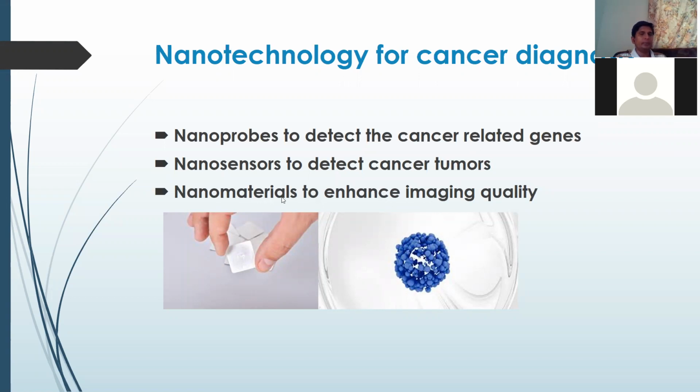These unique optical properties would enhance the imaging quality of the existing strategies in order to detect the cancerous tumors. So optical properties are one advantage that nanomaterials have over their corresponding macromaterials that would ultimately contribute towards enhancing the imaging quality of the existing diagnostic tools of cancerous tumors.